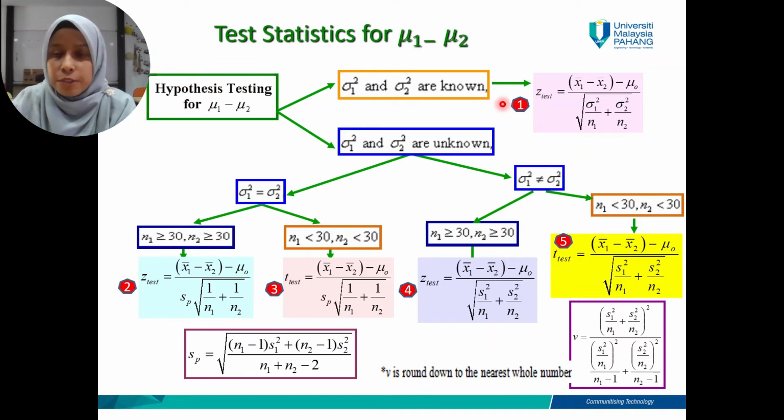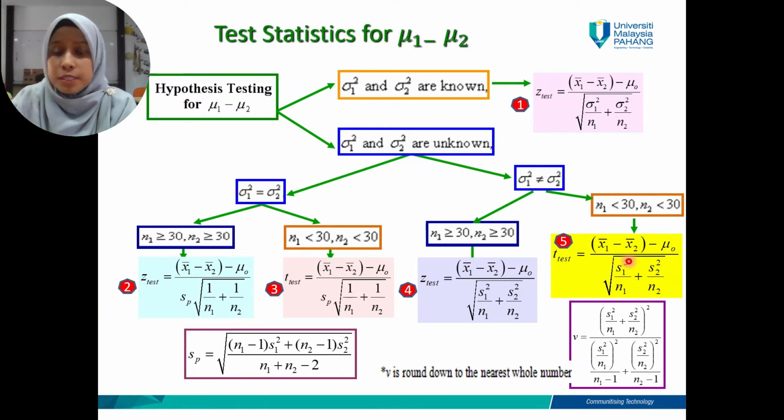Let's take a look at the 5 formulas again. Unknown, different variances, less than 30. It is this formula, class. So when you want to calculate the test statistic value, make sure that you write down the formula carefully. Don't leave out any element of the formula.